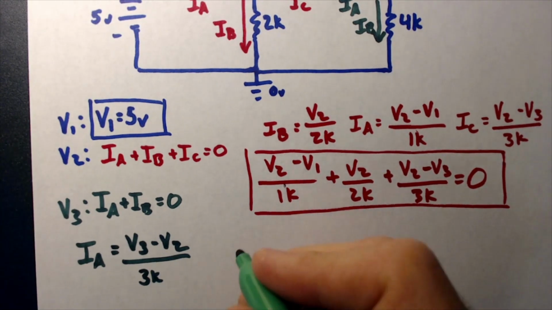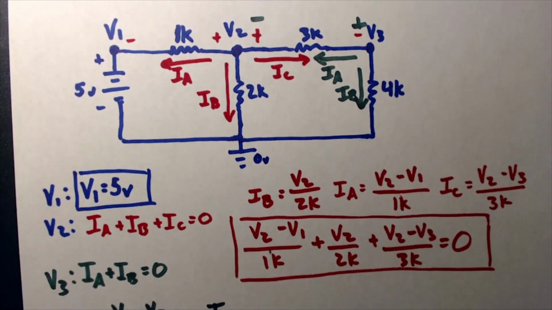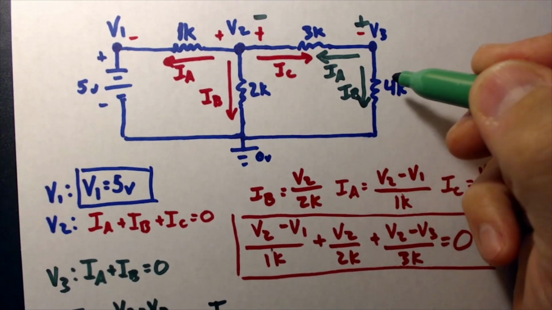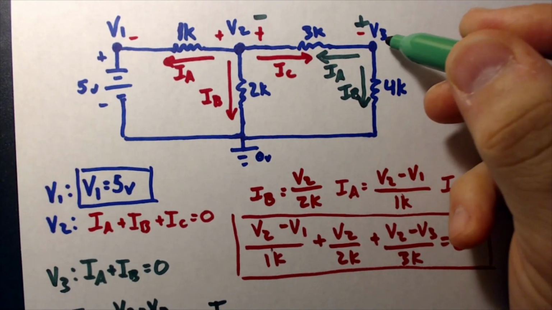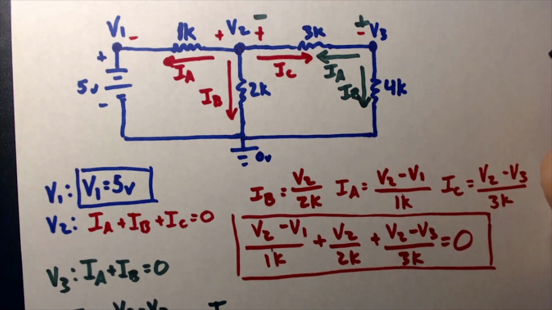Now, the last one we got to do, IB. Notice IB, because I picked it going down, the voltage drop across 4K is just V3. So I can just say V3 divided by 4K is equal to IB.